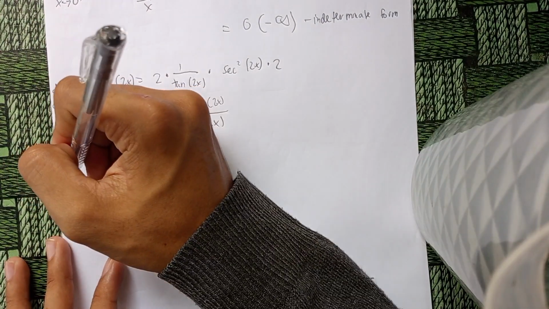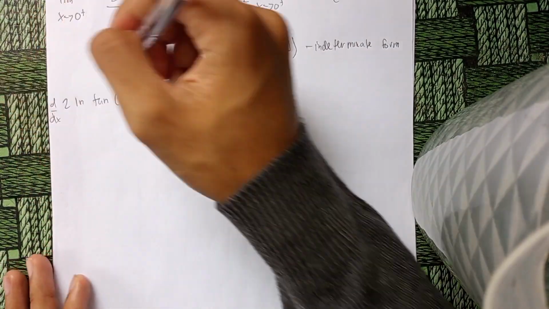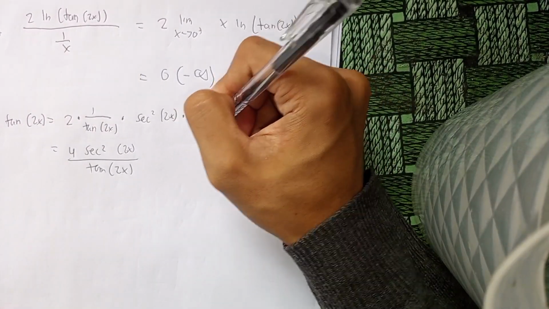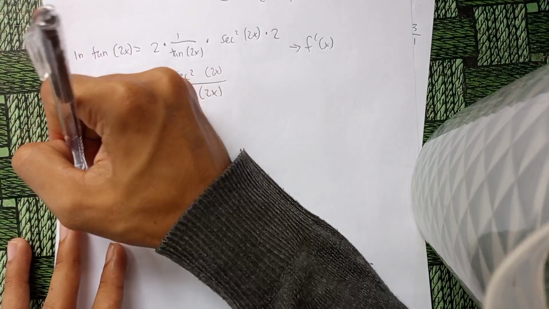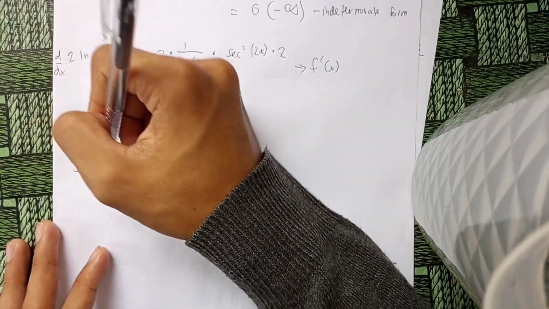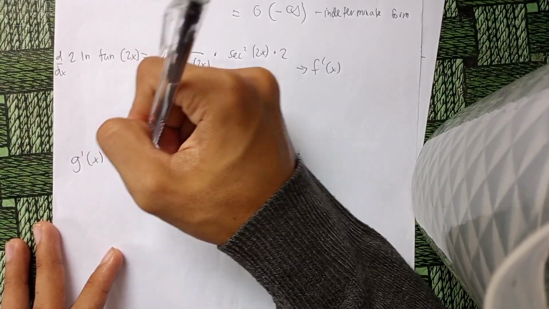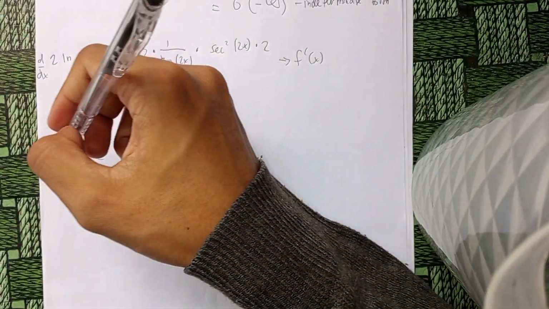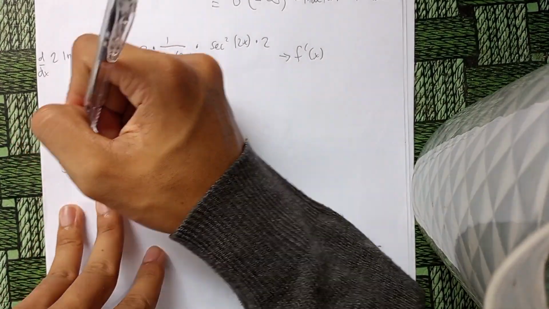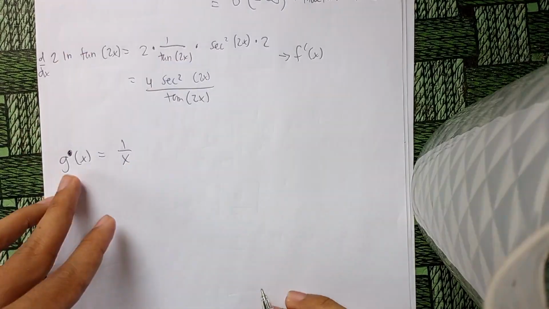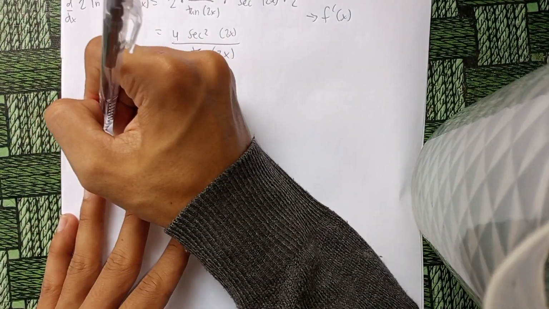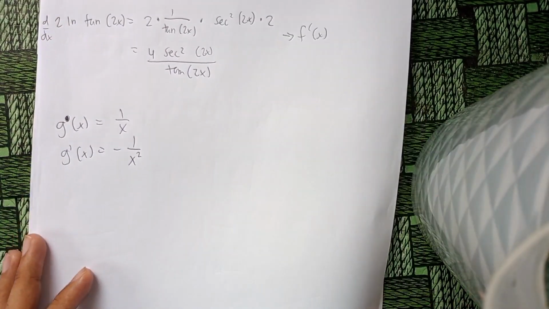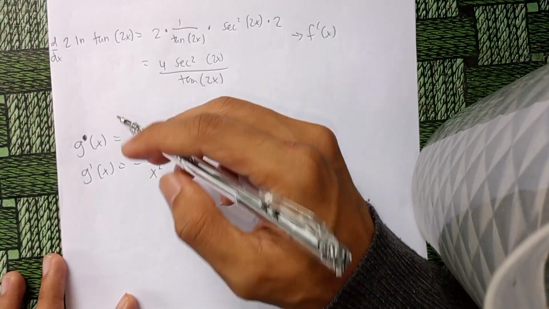Then for the denominator, this is our f of x. How about our g of x? It is 1 over x. So the derivative of g of x is negative 1 over x squared by using the reciprocal.